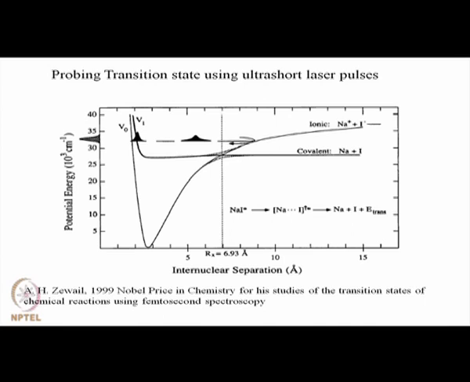So, spectroscopy can help you to visualize a transition state. There are plenty of examples that you may find in literature about this probing of transition states. Okay. And similar oscillatory signal is observed not only in this sodium iodide case, but also in biological cases.